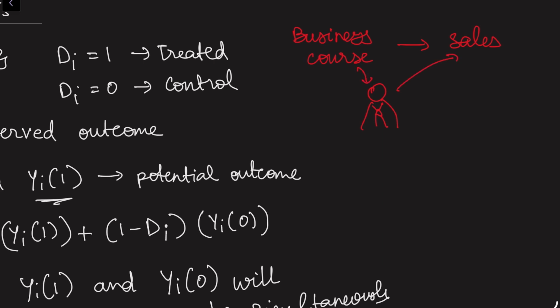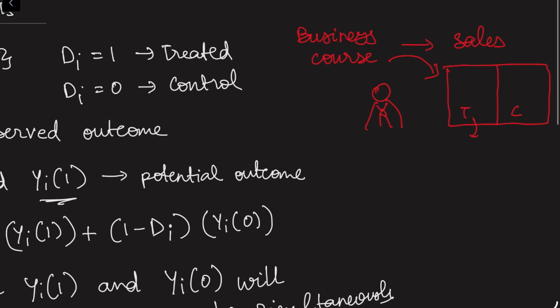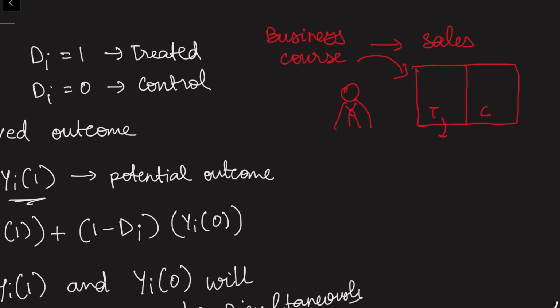So that's what we're interested to study. The thing is, once you take a population of business people and you divide them into treatment and control group, and to the treatment group you of course give the business course, and to the control group you don't, the treatment group will have a treated outcome, so we will observe the potential outcome of being treated in the treatment group.